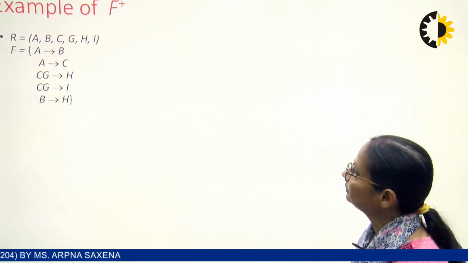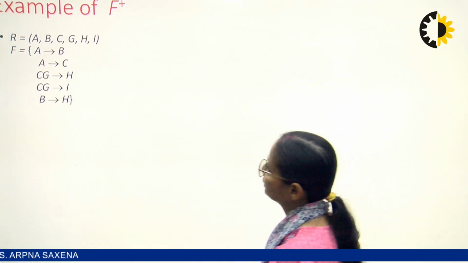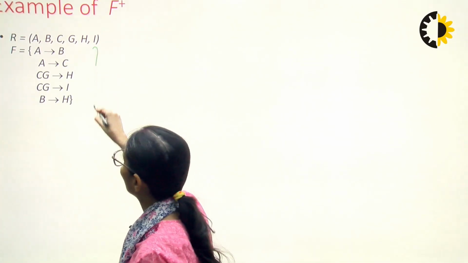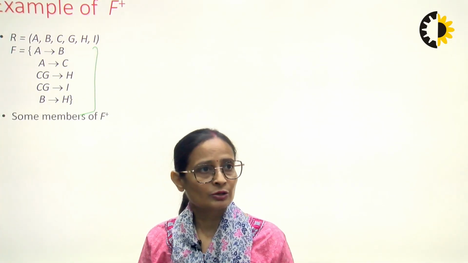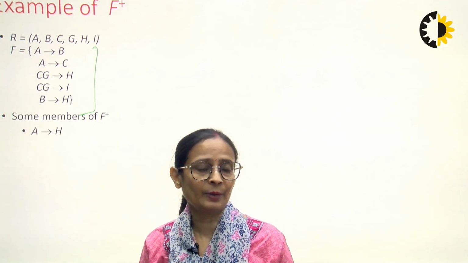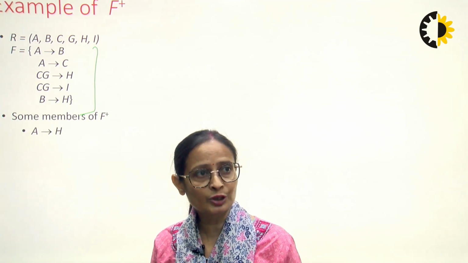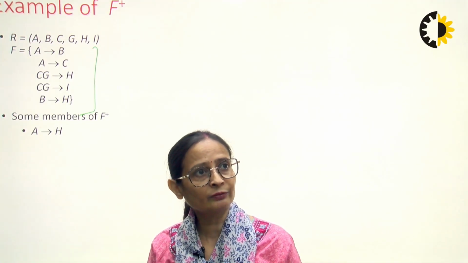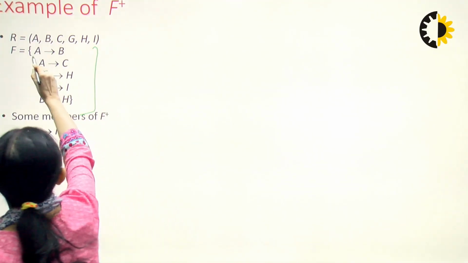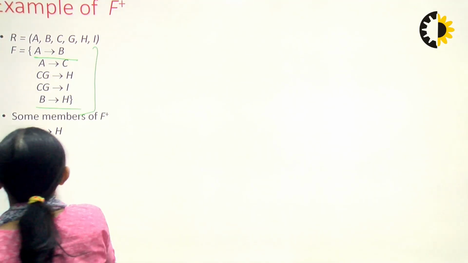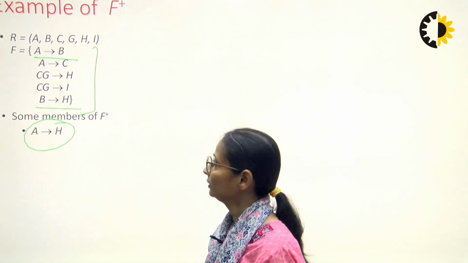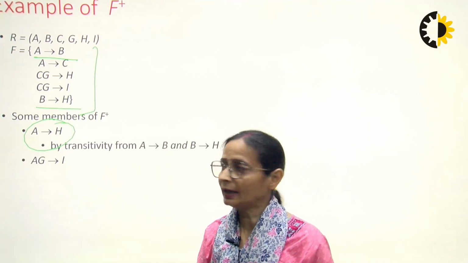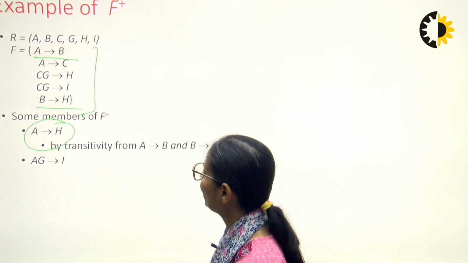For example, I have a relation schema R with the attributes A, B, C, G, H, I, and here I have these FDs. In this case, some of the members of F closure could be A to H. How have I come to A to H? With the help of these two FDs, this is a new FD found with the help of the transitivity rule. Then AG to I: how did we find it?